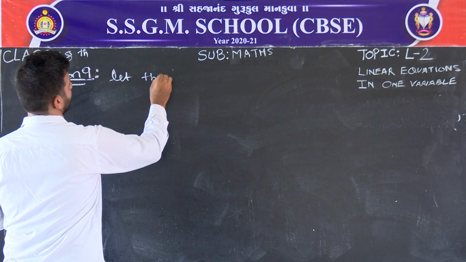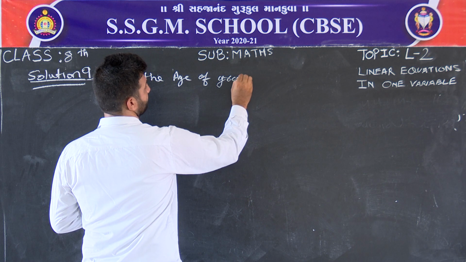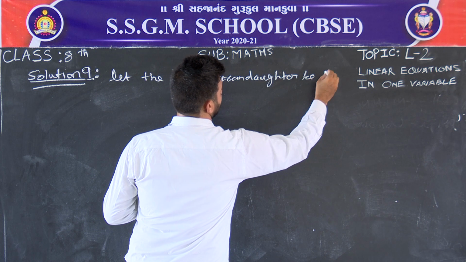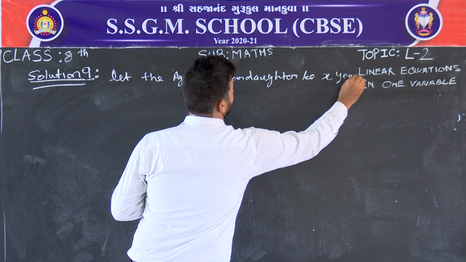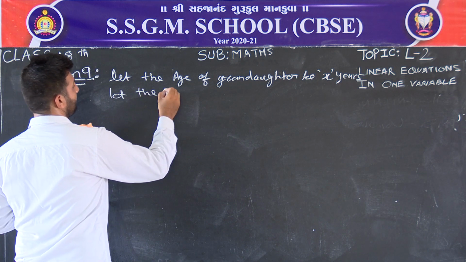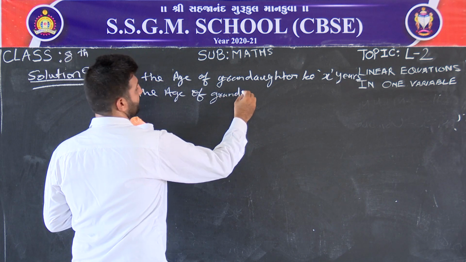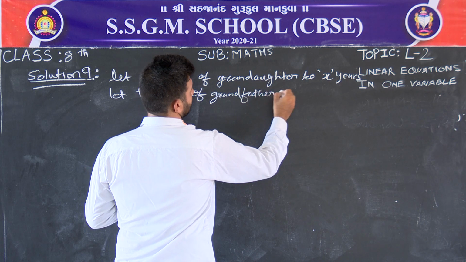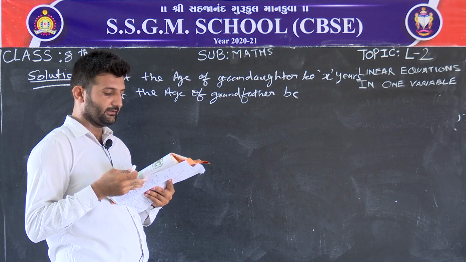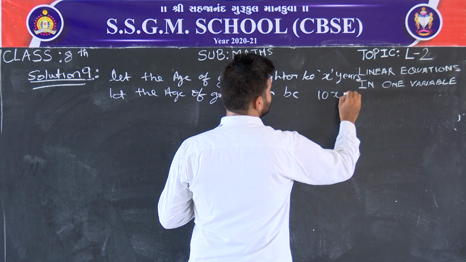So let the solution of 9 begin. Let the age of granddaughter be x years. Similarly, let the age of grandfather be, it is given in the question that grandfather is 10 times older than his granddaughter, so it will become 10x years.